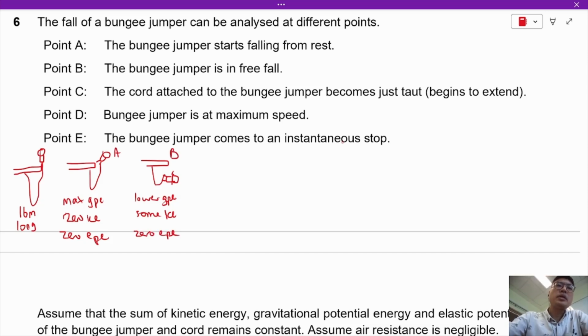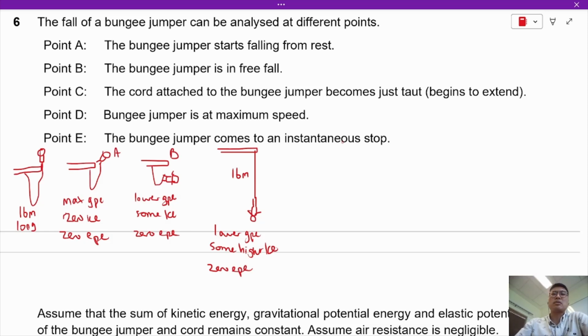So this is point B. Now, somewhere along the line, the cord attached to the bungee jumper just becomes taut. That means it's 16 meters long. The bungee jumper will have lower GPE, higher KE, and still 0 EPE because the cord hasn't started to stretch yet. So this is point C.